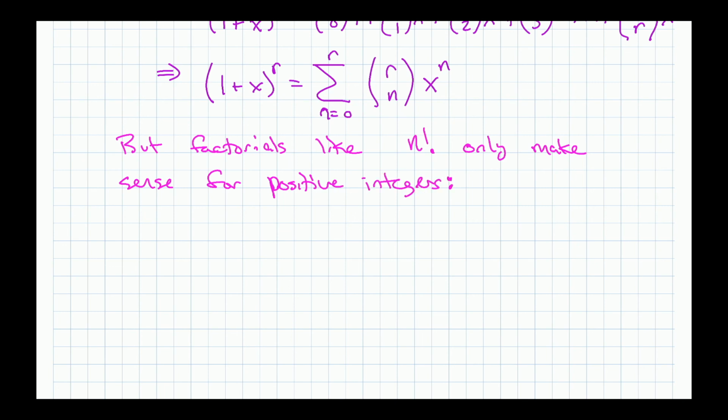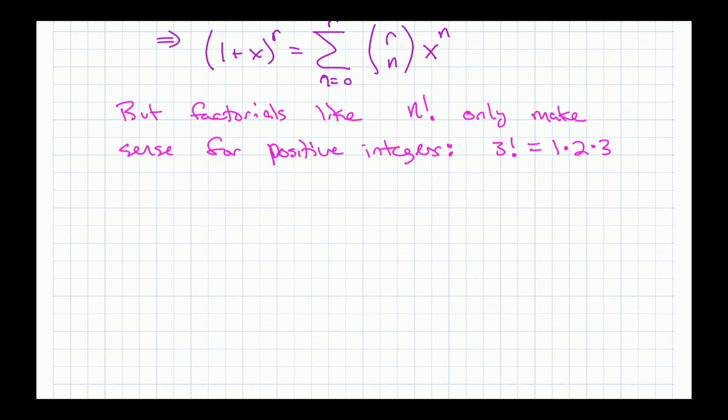Like if I say 3 factorial, that means 1 times 2 times 3. But what would 3.2 factorial be? That doesn't make sense. So factorials don't make sense there.